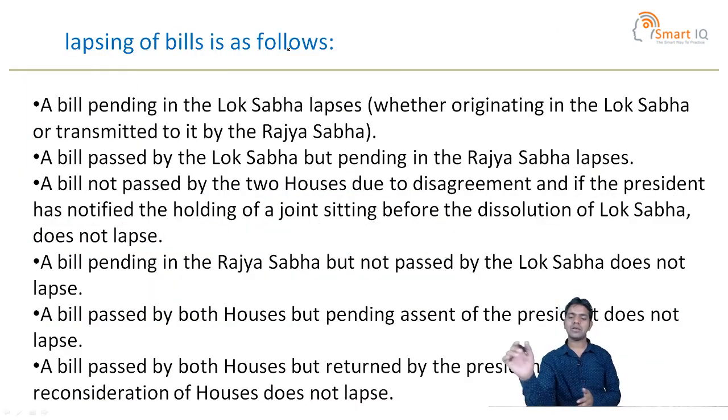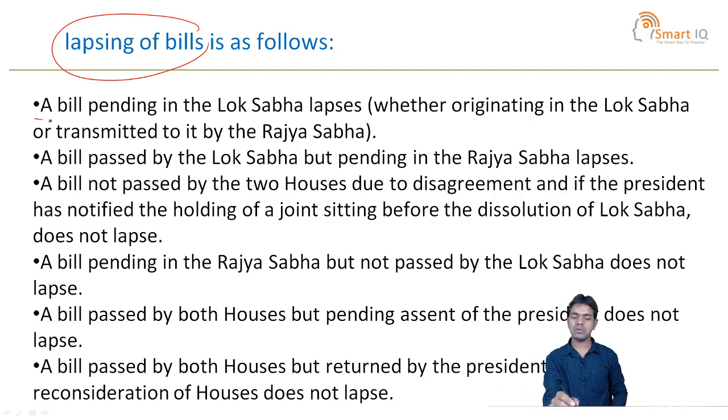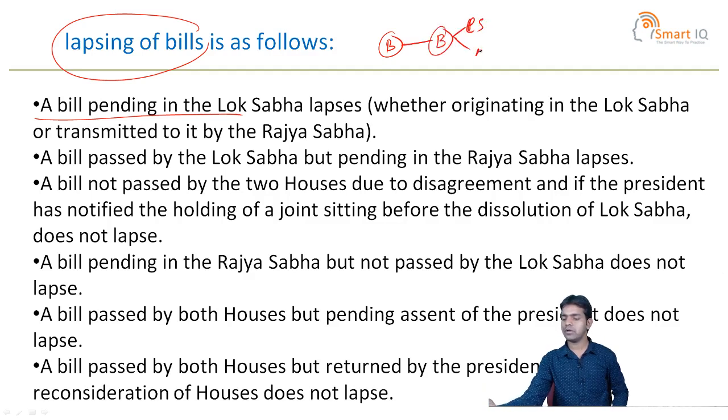And very important: lapsing of bills. Whenever dissolution takes place in the Lok Sabha, what happens to the bills? For example, a bill is passed by both houses of Parliament, the Lok Sabha and the Rajya Sabha.